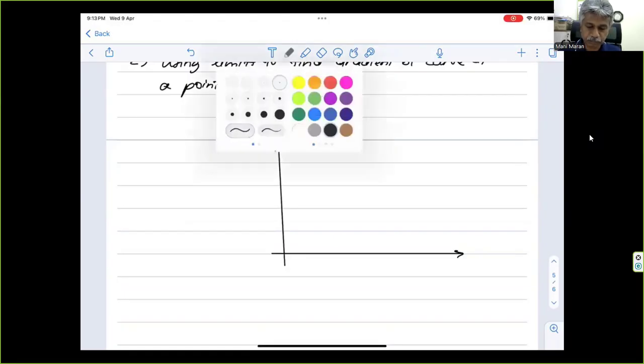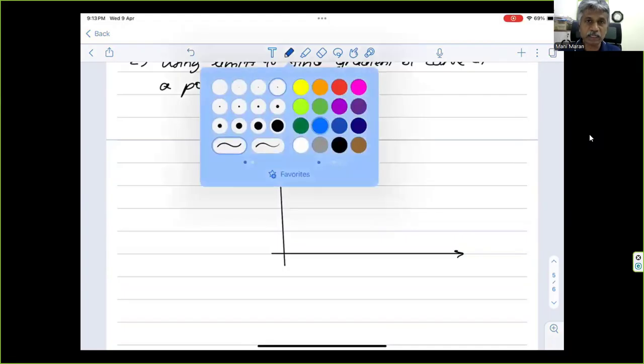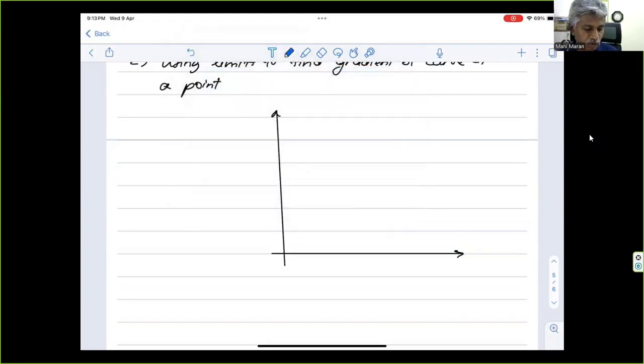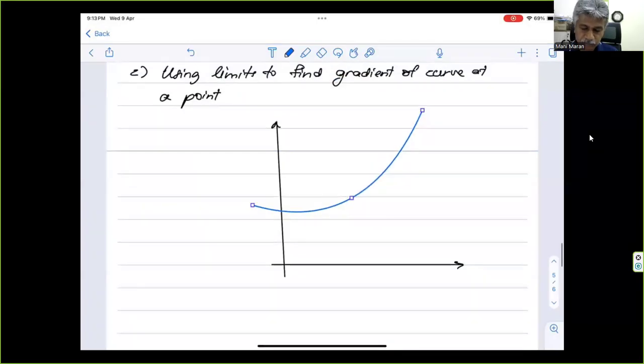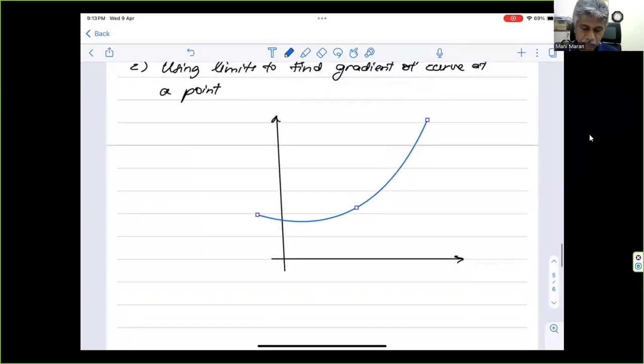I'm using color so you all can see more clearly. Here we're going to draw a curve like this, any curve, in any direction, anywhere.